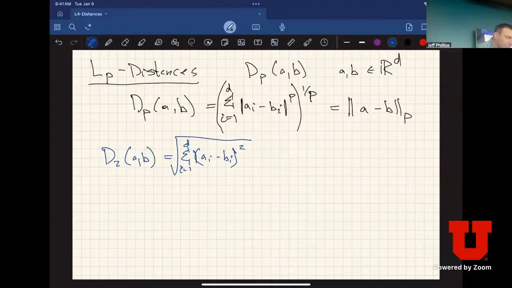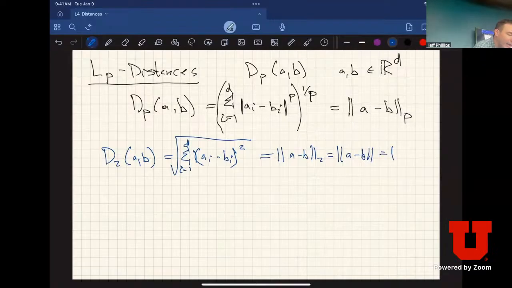Okay, so I'll write this as just ||A minus B||_2. And this one is universal. So if I just write a norm between A and B, it's implied that it's a 2. Okay, so if I don't write the subscript on the norm, it's implied it's a 2 between vectors.